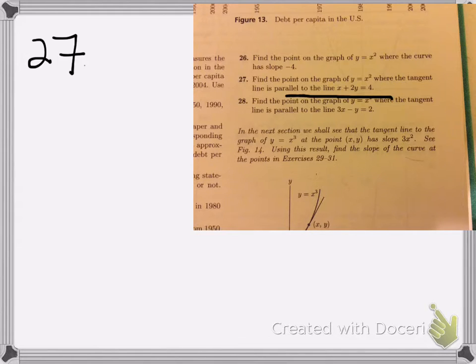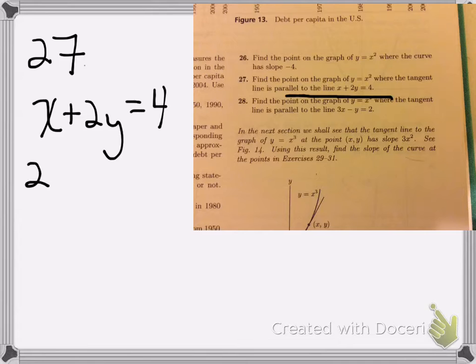If that line is parallel to the tangent line, it must have the exact same slope as the tangent line. Well, what is this slope?